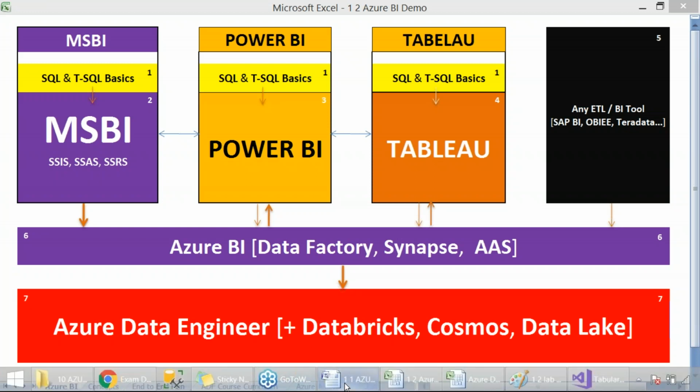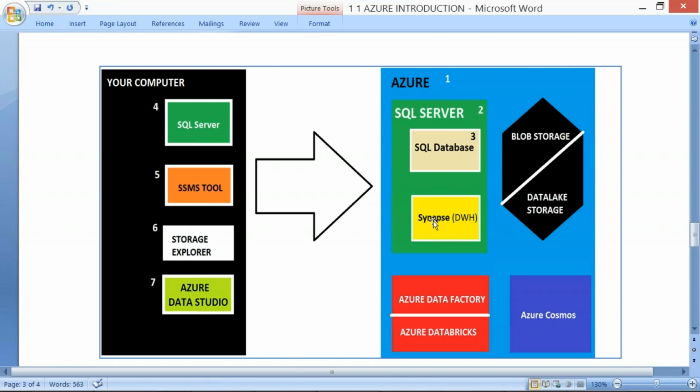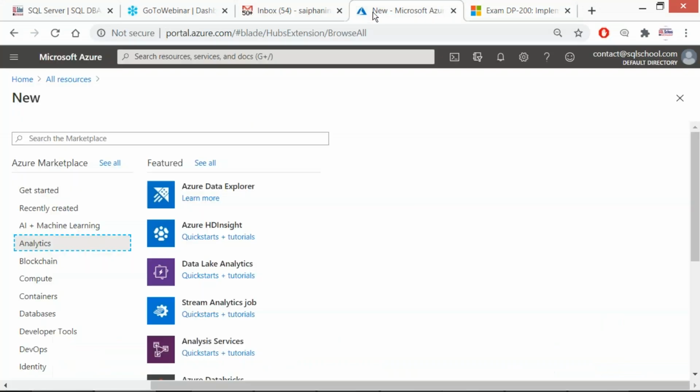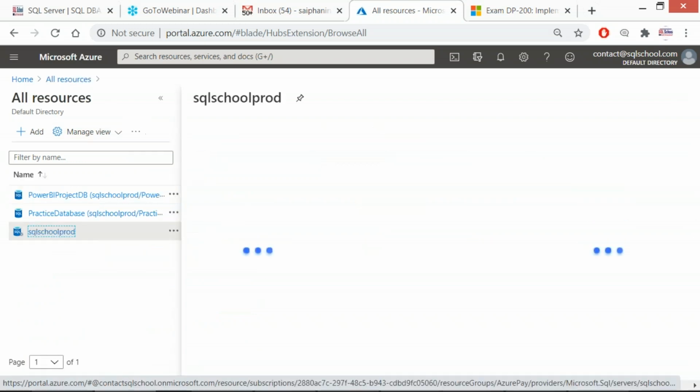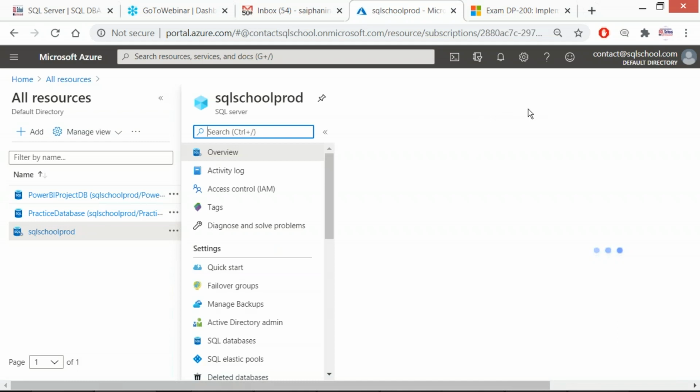Especially for this one. Our Synapse, one of the more core components in our course, sits inside SQL Server. I repeat, once we get SQL Server in Azure, it is inside SQL Server that we can configure the Synapse, or formerly the data warehouse.